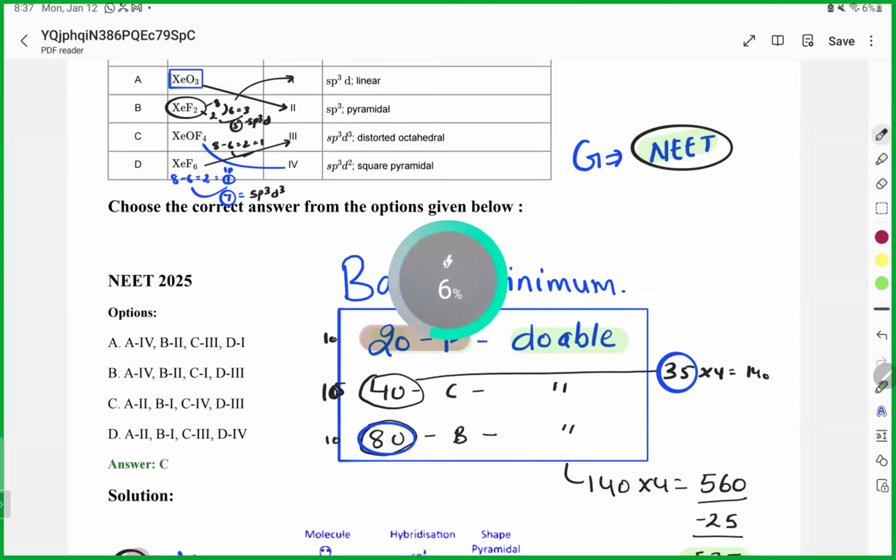Sarah, do you think it is difficult to get NEET after this discussion? Yes, sir, I just went through the paper just now, and there were many questions that you thought.